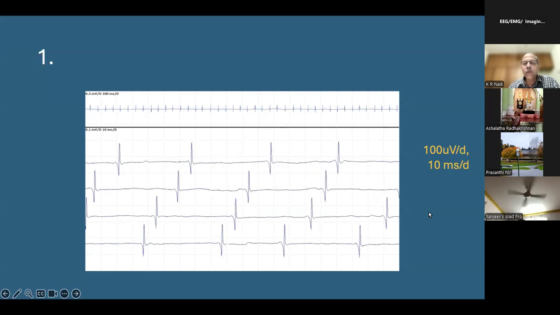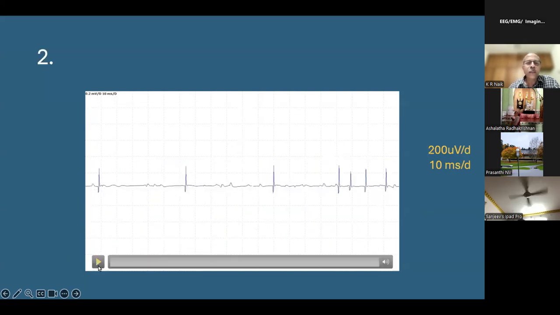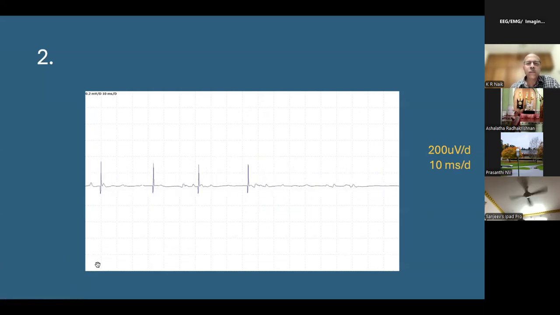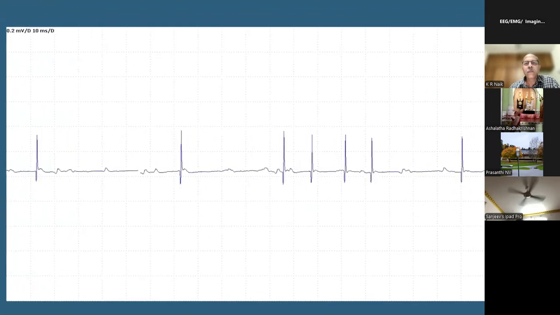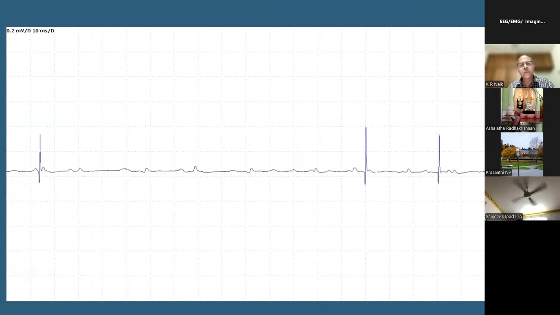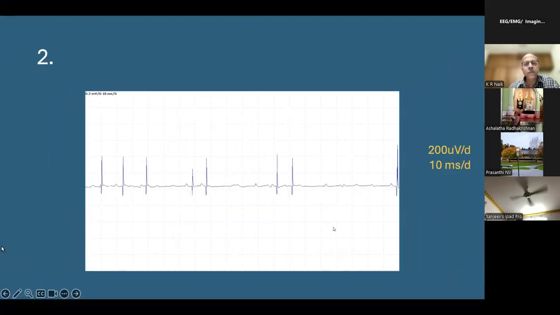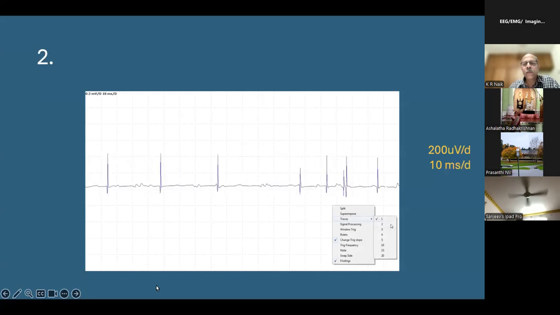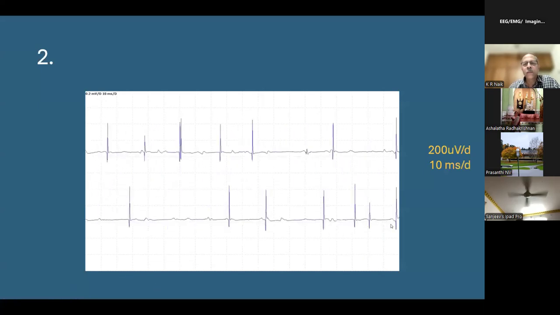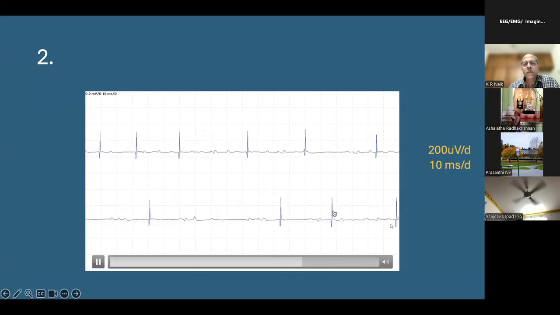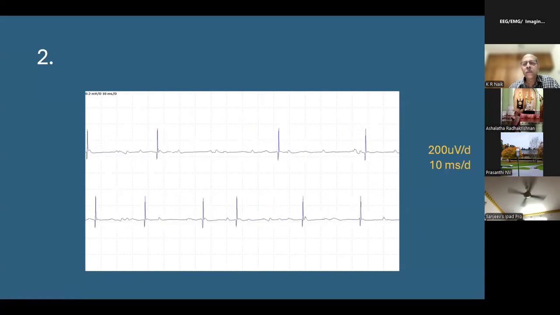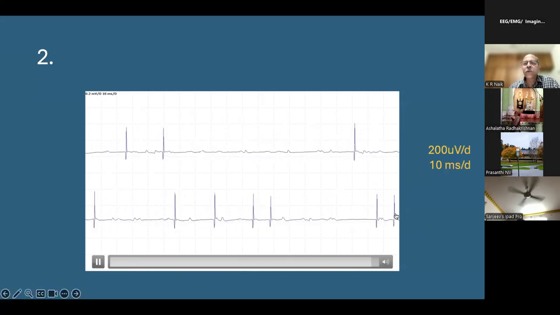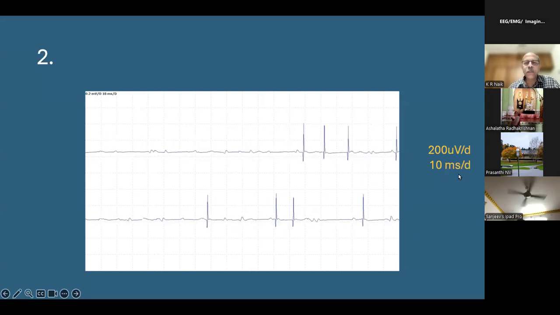Okay. Then we'll go to the second one. This is 200 microvolts, 10 milliseconds per division.